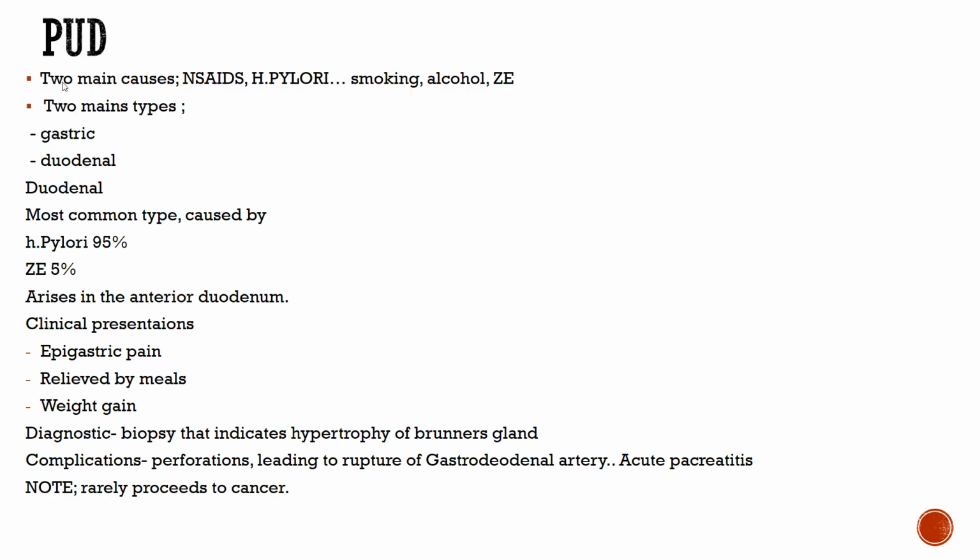Okay, so there are two main causes of PUD. First one is NSAIDs, and the other one is H. pylori. You must be wondering why H. pylori is so tough. There are other things too, like smoking, alcohol, plus ZE. What is ZE? Anyone?